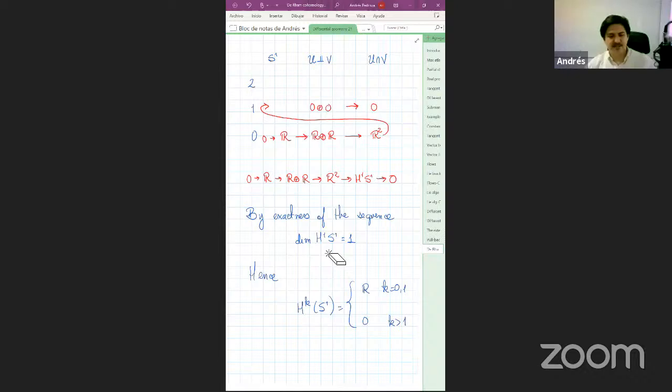So we will need those concepts, homotopy equivalence, deformation retraction, and together with the Mayer-Vietoris sequence, we will compute the cohomology of many, many things.